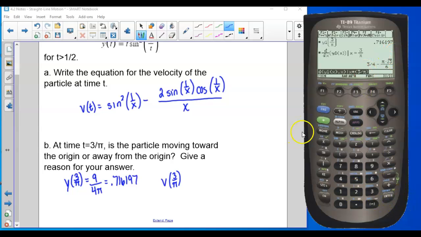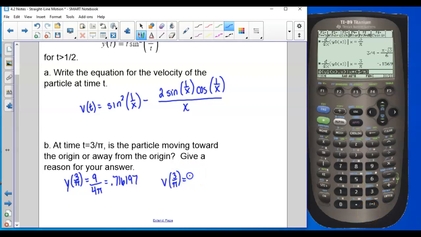And we get this stuff, let's just go with a decimal here. And we get negative 0.1569. In this case, because we're on the y-axis, a negative velocity means that you're moving down. And so if you're at a positive position and you're moving down, you're going towards the origin.